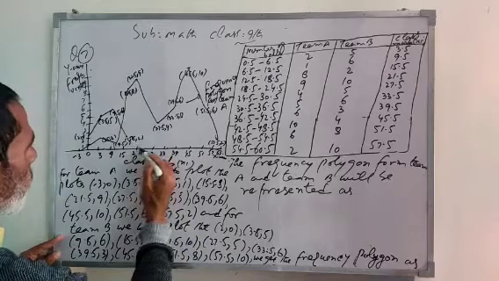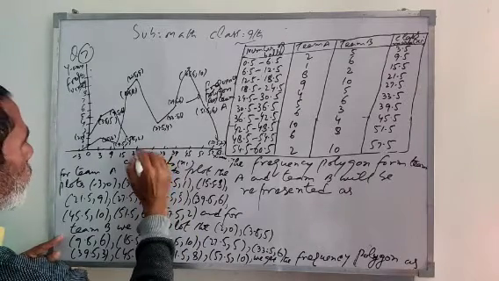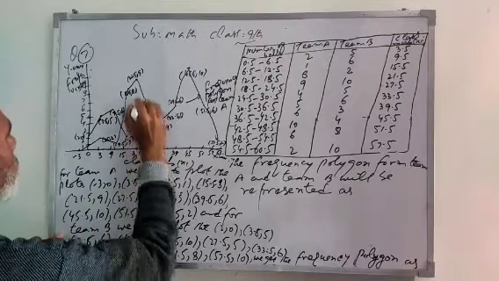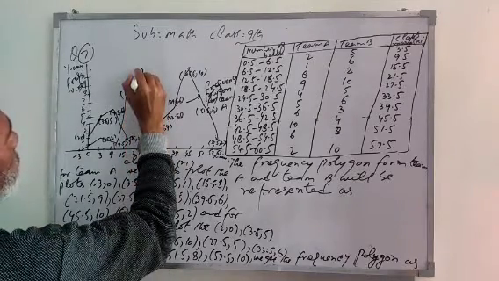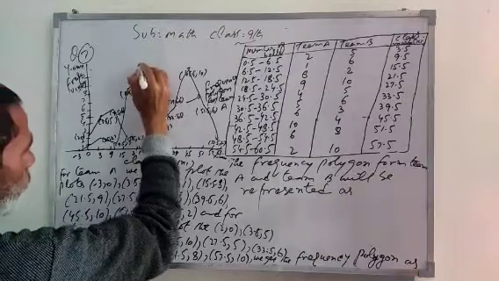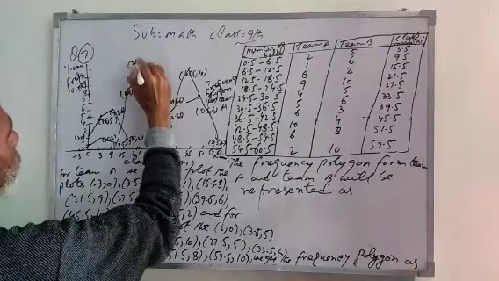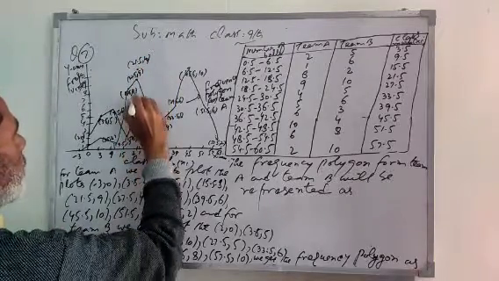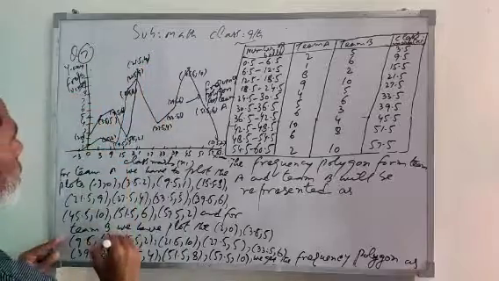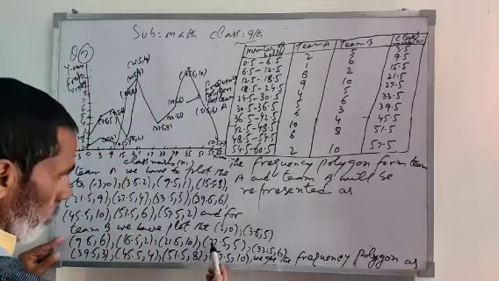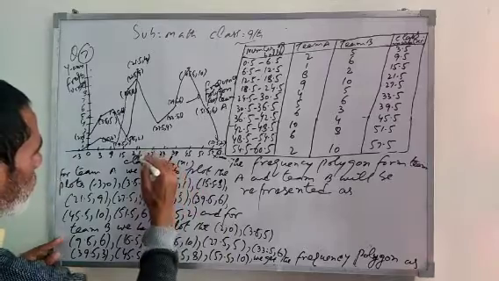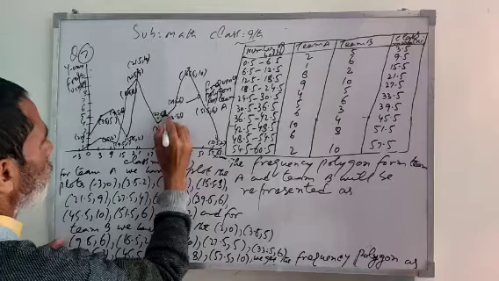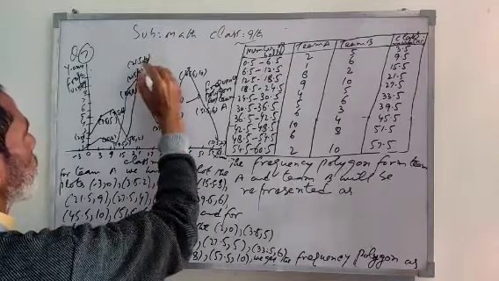21.5 comma 10. 21.5 is here, 10 is here. And this is joined. 27.5 comma 5. 27.5 is here, 5 is here.